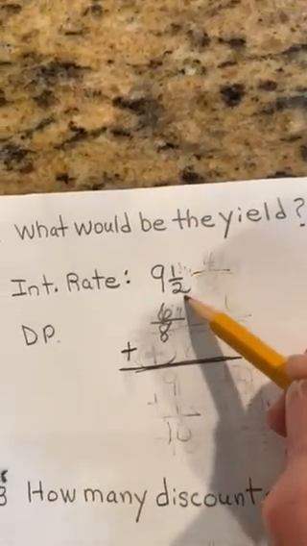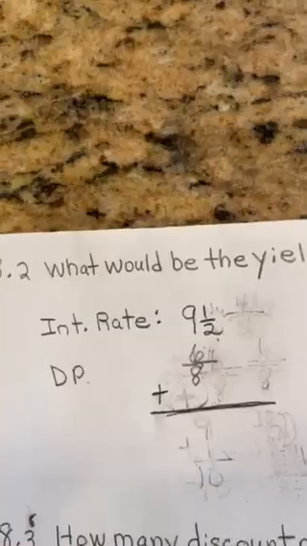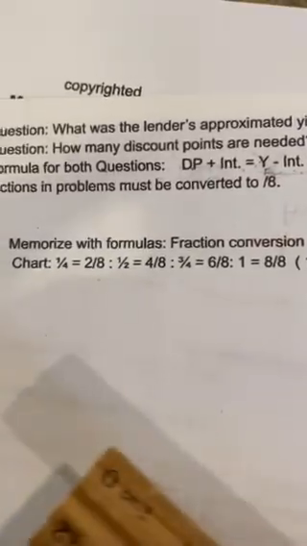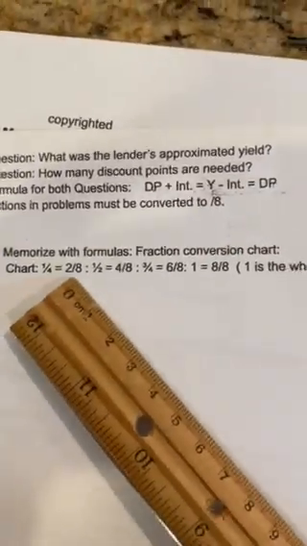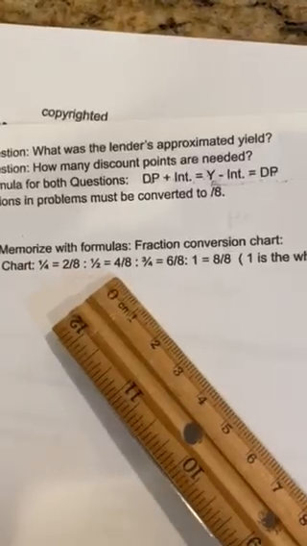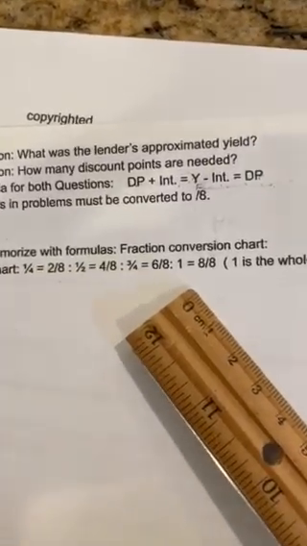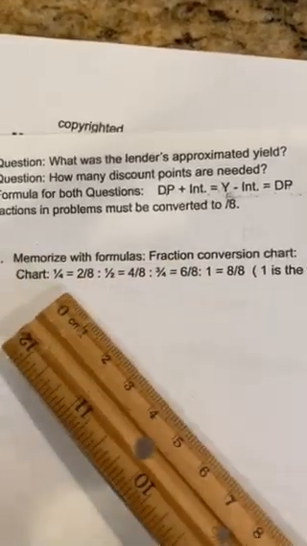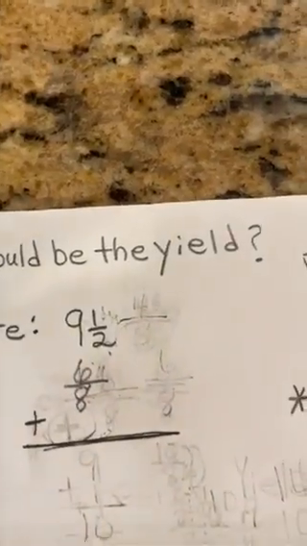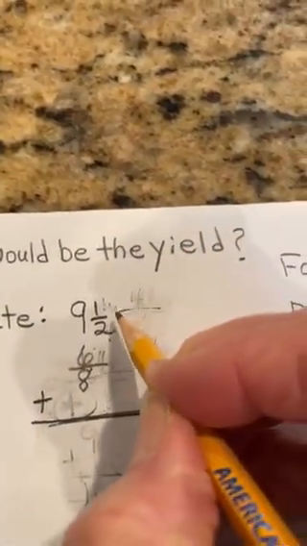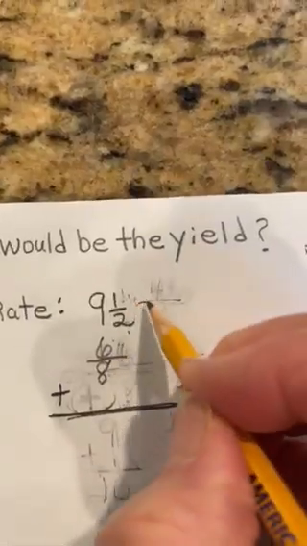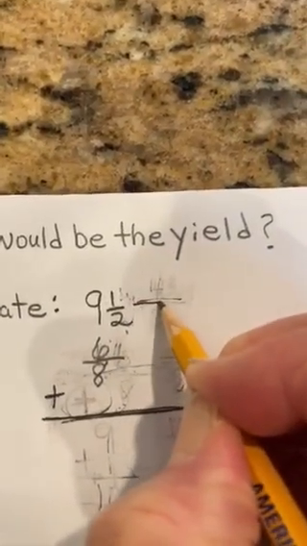And we know the half has to be changed. And there is a chart that you can memorize for the conversion of the fractions to 8s. And this is the chart. 1/4 equals 2/8, 1/2 equals 4/8, 3/4 equals 6/8, and 1 equals 8/8. Memorize your chart. If you don't remember the number, then you have to convert it by the common denominator.